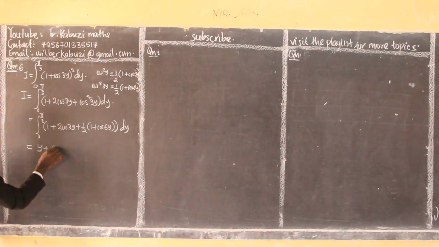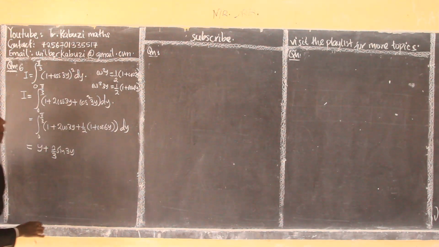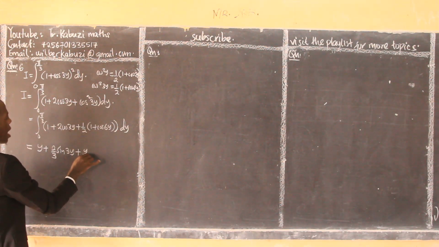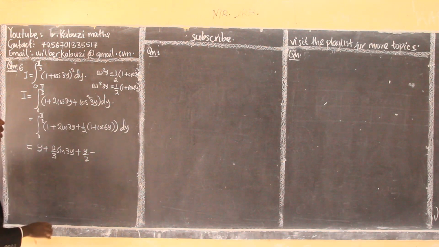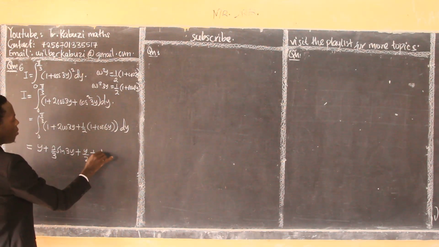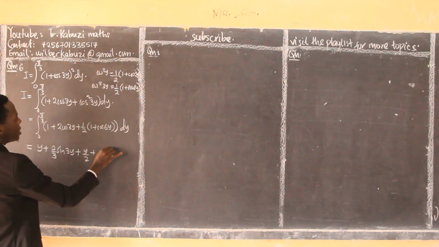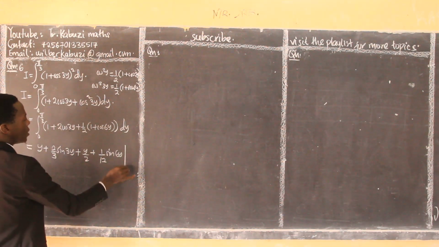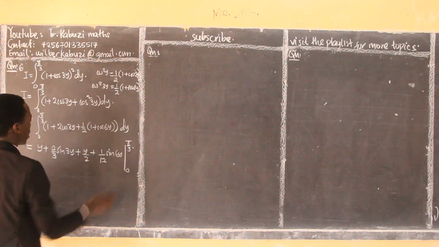When I integrate, of course, we get a positive sine, so sine 3y. Then this will be plus y over 2, then plus 1 over 12 sine 6y, integrating them from 0 to pi over 3.